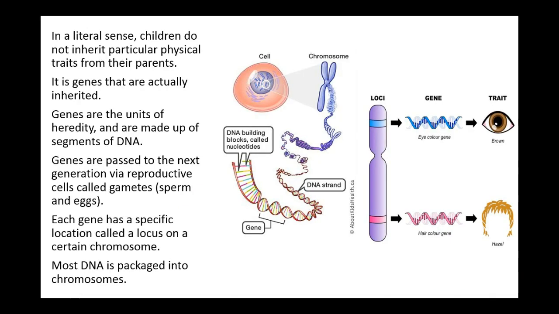Speaking of children, they don't physically inherit particular traits from their parents. Your book talks about when people refer to a child having its mother's nose, its father's eyes. Those aren't specifically inherited, but what you have are genes that are inherited.